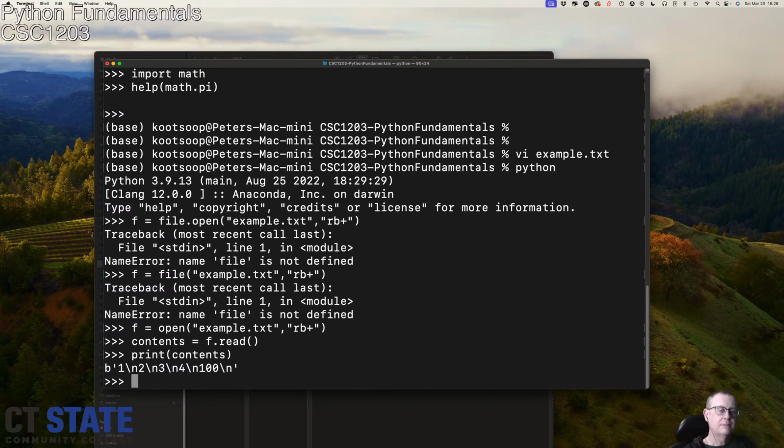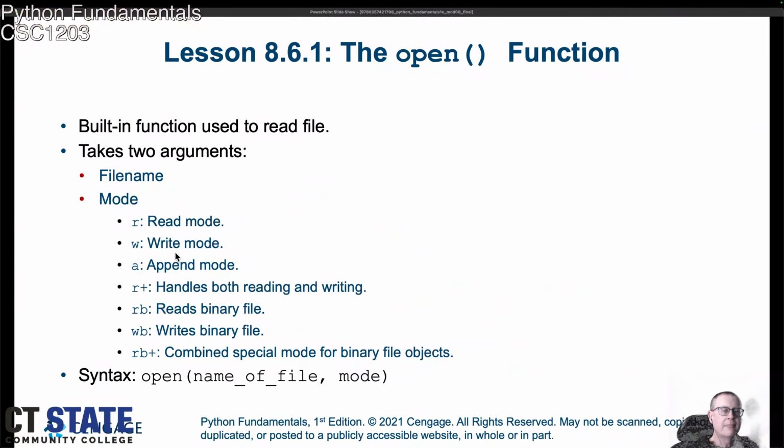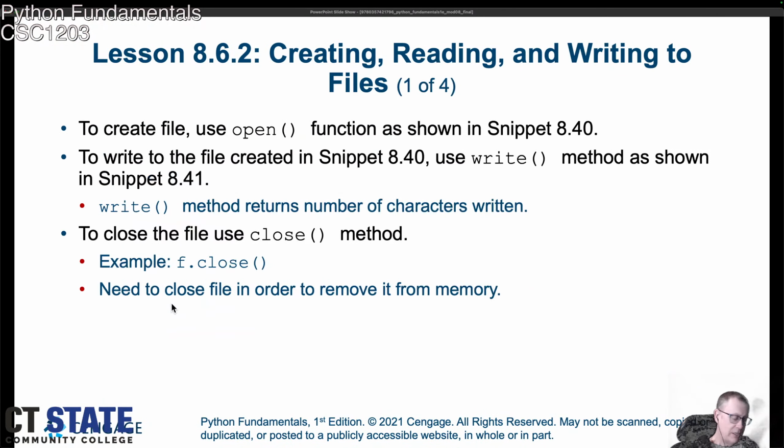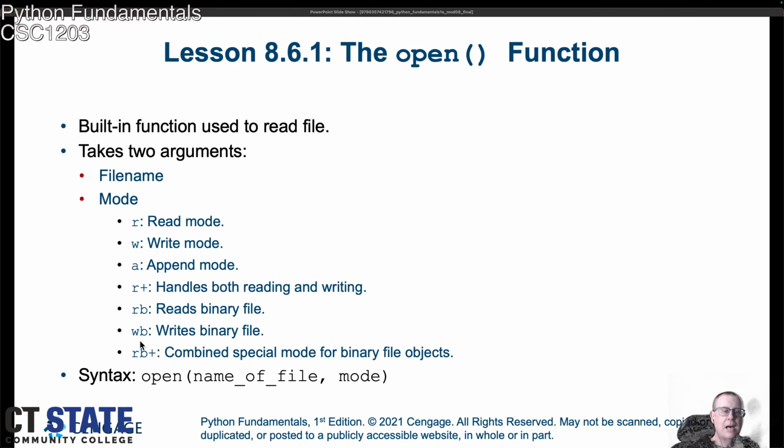Okay, we've got 1 followed by the newline character, 2 followed by the newline character, 3 followed by the newline character, 4 followed by the newline character, 100 followed by the newline character. I used rb+ as the mode.